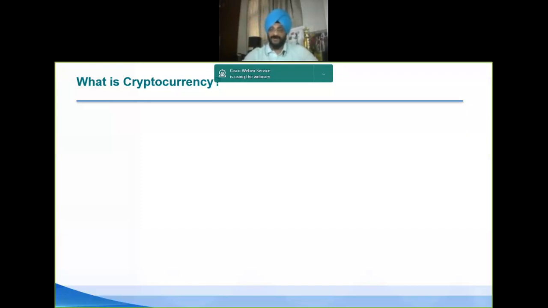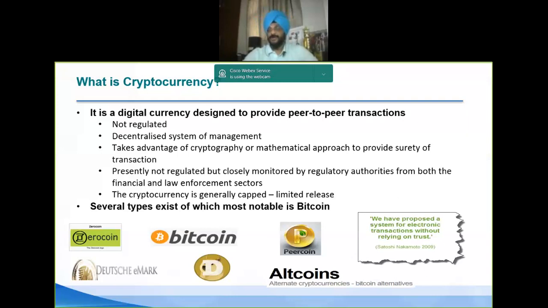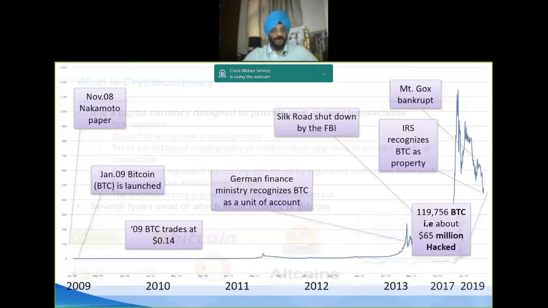They take advantage of cryptography or a mathematical approach to provide safety of transactions. Presently they are not regulated by anyone, and they are generally capped with a limited release. I'll show you how many bitcoins there are. I'll just move to that slide quickly.